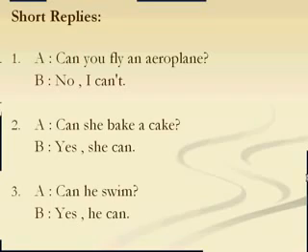Yes, he can. Now you already know, if you have done previous lessons, that we make short replies with the helping verb present in the same tense. Likewise, in case of modals, we do not use any other helping verb instead of modal verbs themselves, right? So we shall make short replies using the same modal verbs.